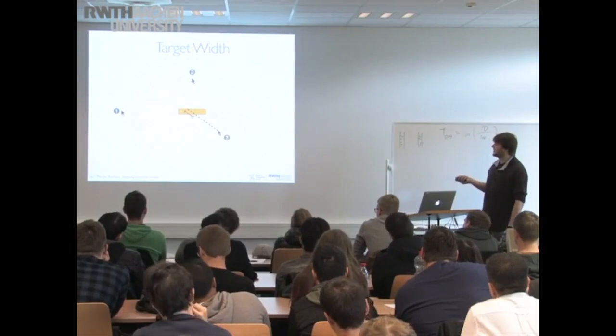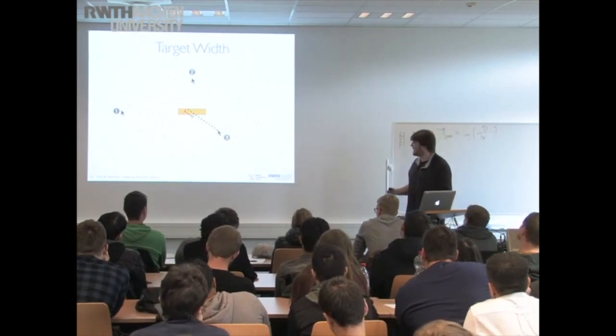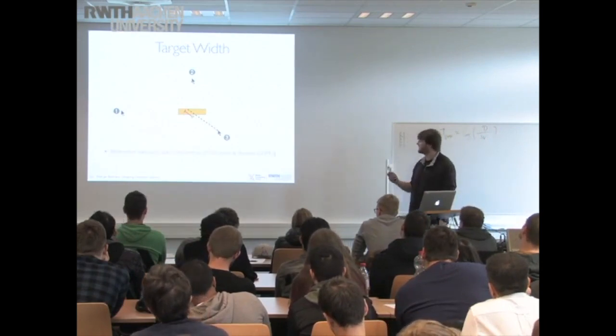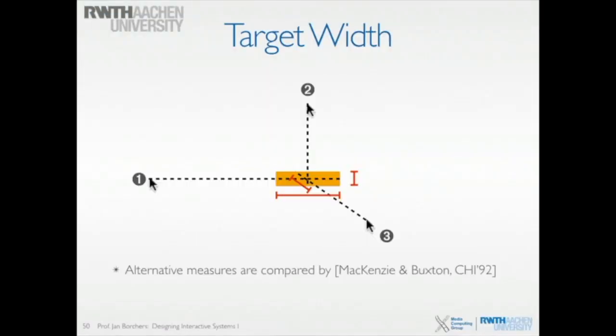So the effective width is more in this area. MacKenzie and Buxton compared these different ranges, and they found out that it is actually better to measure the width in the direction that you're moving.